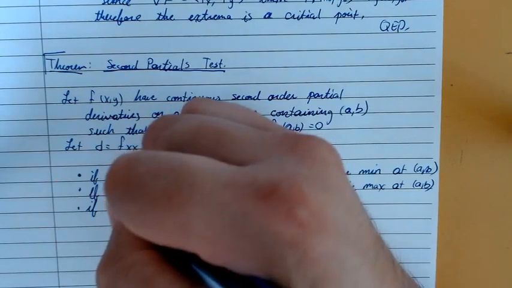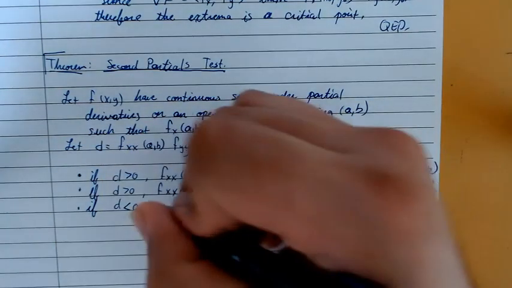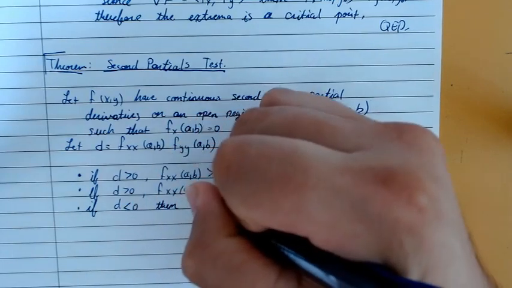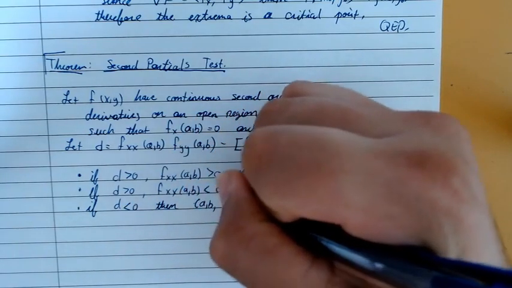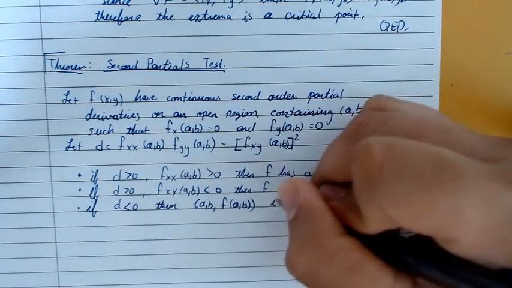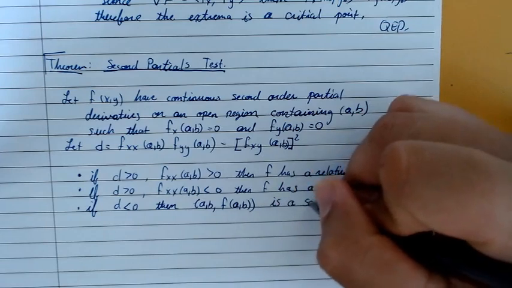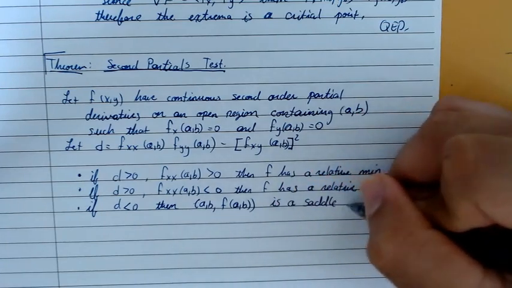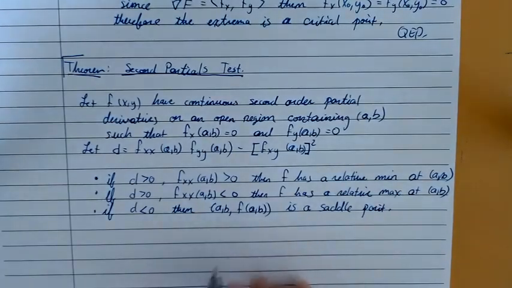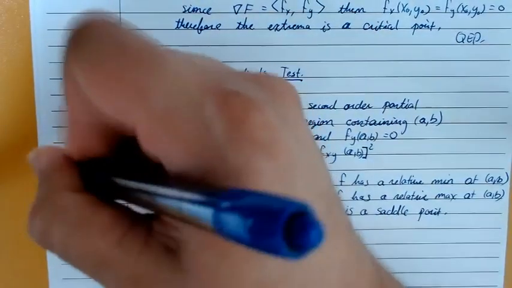If D is less than 0, then the point (a, b, f(a,b)) is called a saddle point. A saddle point is a point that looks like a minimum in one direction, but a maximum in another direction.